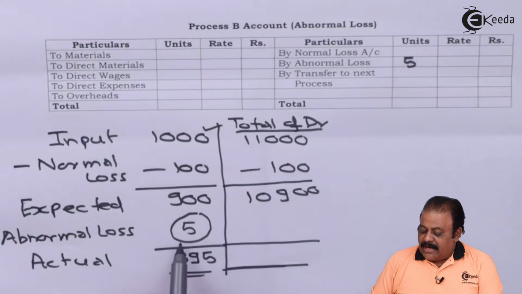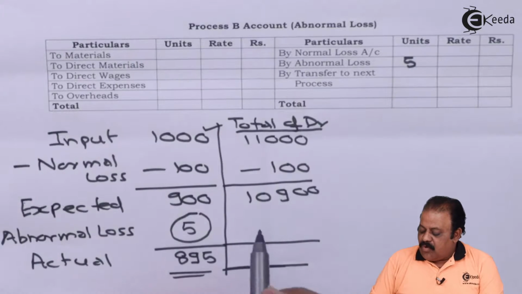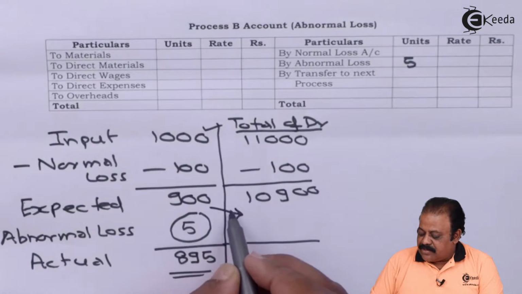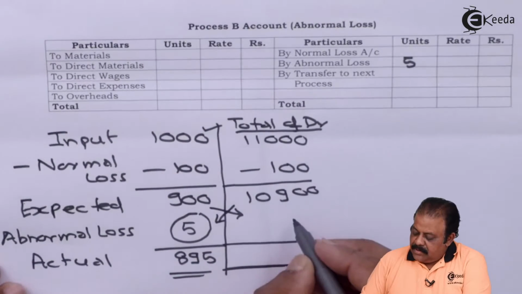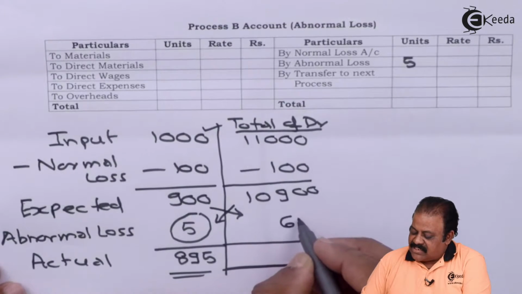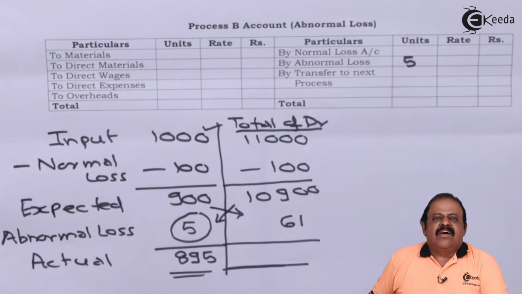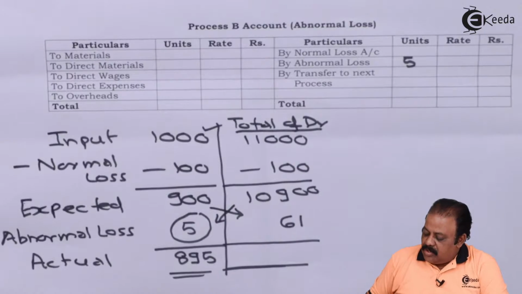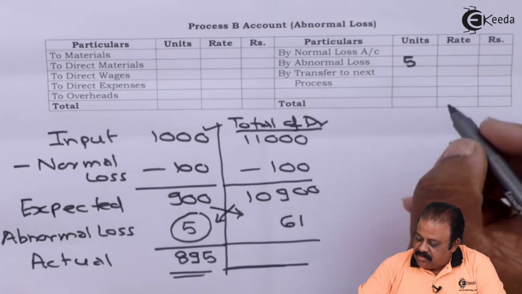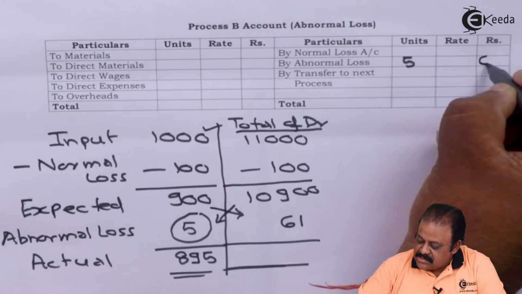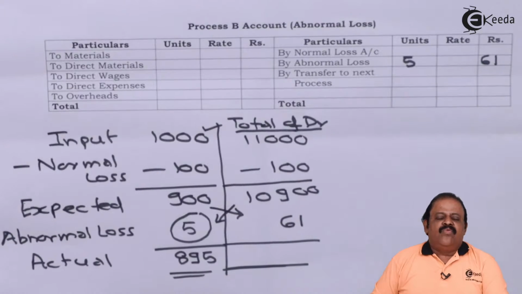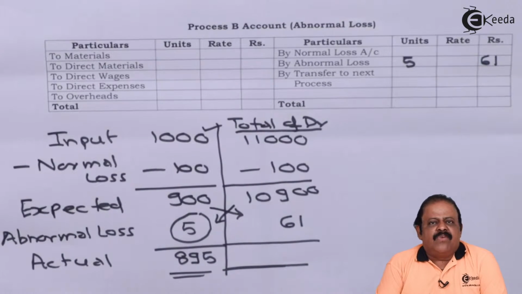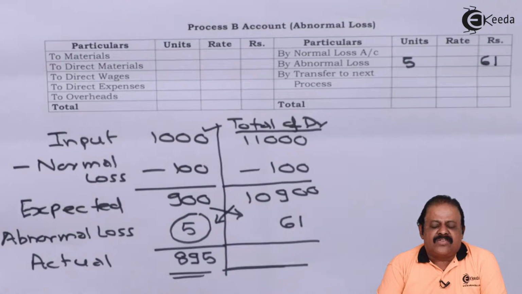Now we are required to calculate the value of abnormal loss, for which we will be doing cross multiplication. The amount comes around 61 rupees. So this 61 rupees is an amount of abnormal loss and this abnormal loss will be recorded here in rupees column, 61. This is how we calculate amount of abnormal loss units and abnormal loss value.